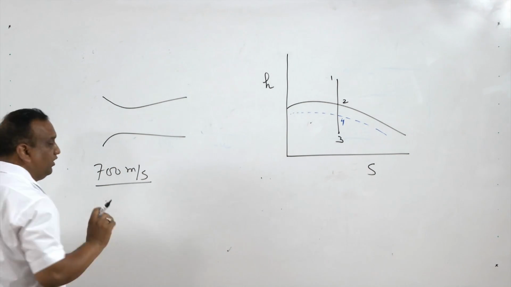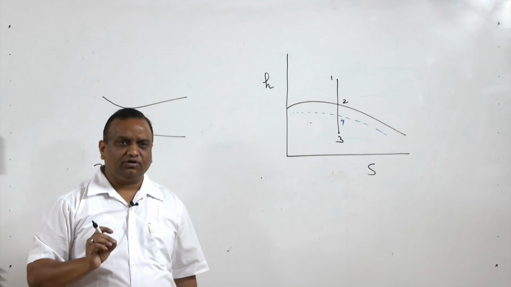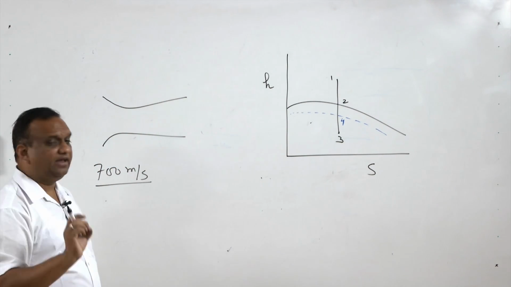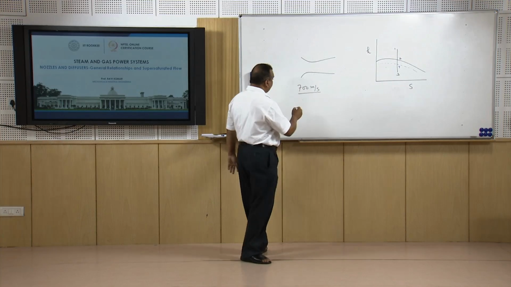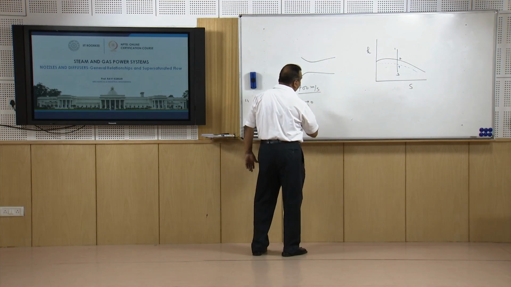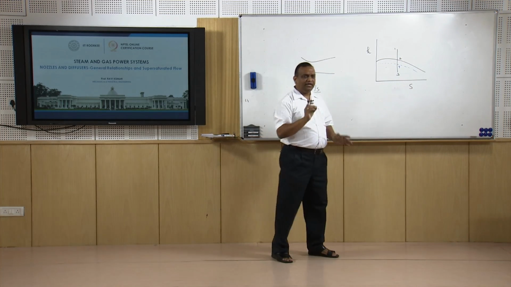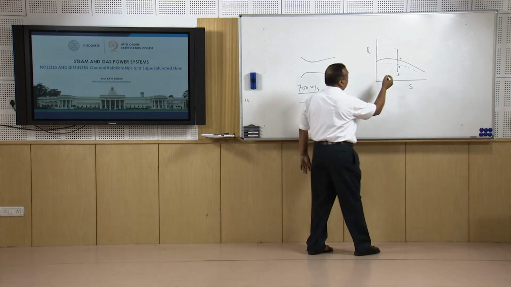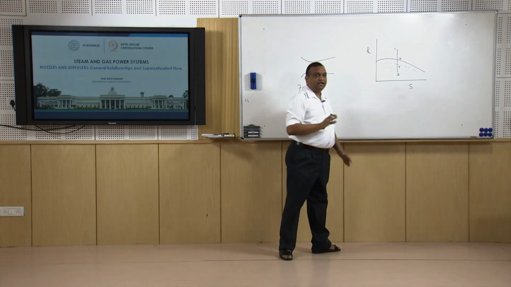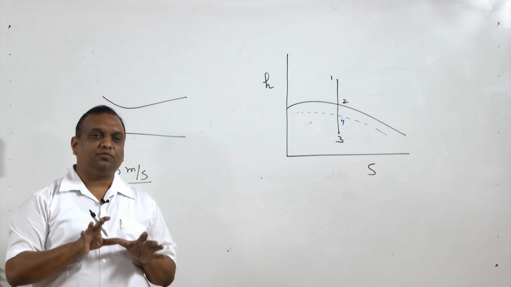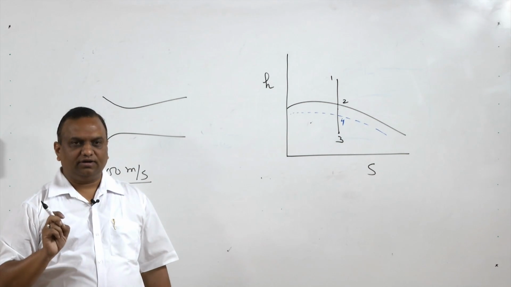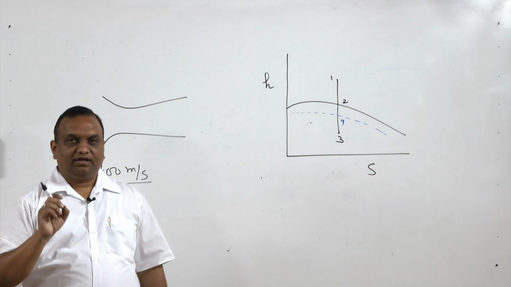With such a high velocity, the time spent by the fluid inside the nozzle is almost tending to 0. Very little time is spent inside the nozzle, and during that time, if this state arrives, the condensation of the fluid cannot take place spontaneously, because for condensation some nucleation site is required.